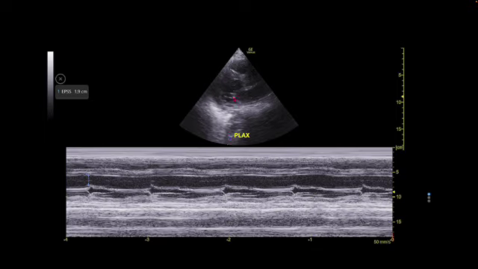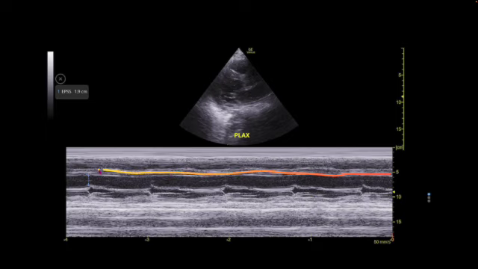So when you put it over your anterior mitral leaflet, we can see how far it opens and how close it gets to our septum. Here's our septum, and if we come across here, it's at about 5 centimeters. So this depth corresponds to this depth. This is our septum, this hyperechoic line.